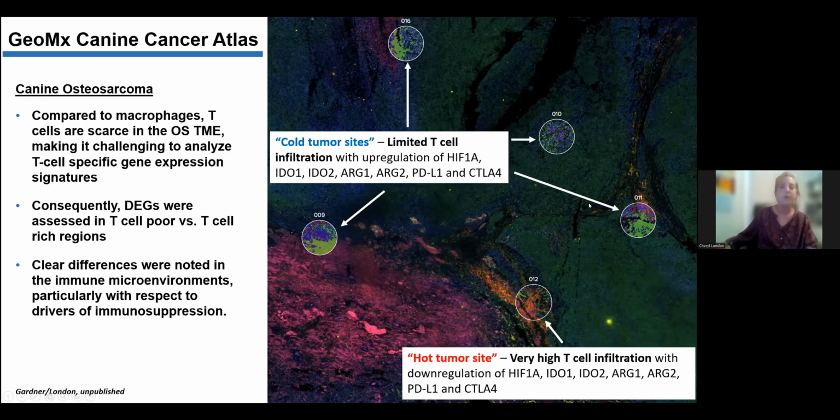Again, pointing out the heterogeneity that's inherent in these canine cancers and really exemplifies why they sometimes can represent a real model that truly recapitulates the human cancer landscape, where it's not clear that there's any one exact sort of neighborhood that dominates. In many cases, there are different neighborhoods, which represents the challenge with immunotherapy, which is that some regions are amenable to immunotherapy and others may not be.